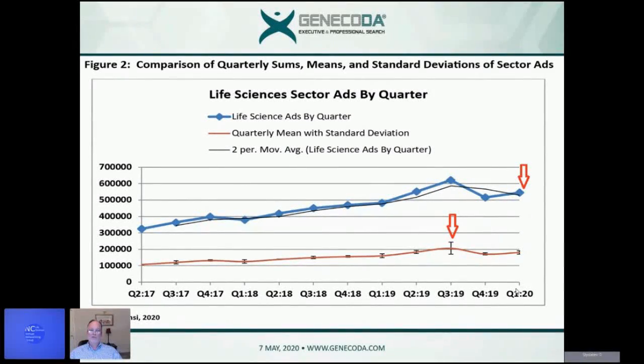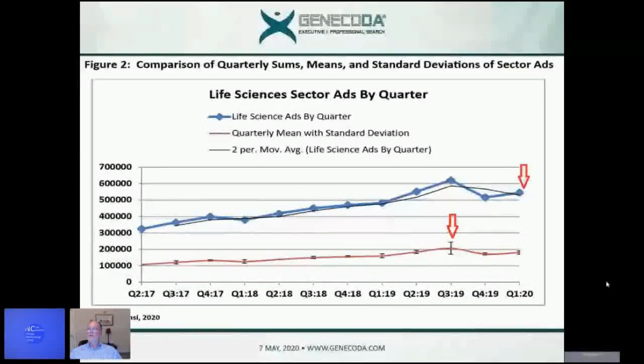What that suggests to us is that ads would in fact follow that same pattern downward in Q2 of 2020. We also note the standard deviation. Because this is measuring inter-quarter, the standard deviation of the months within that quarter, whenever things move rapidly, whether up or down, we tend to see more standard deviation, which suggests some level of volatility one way or another.